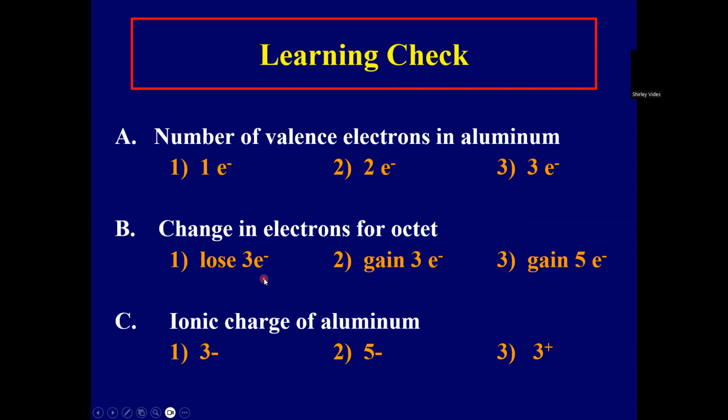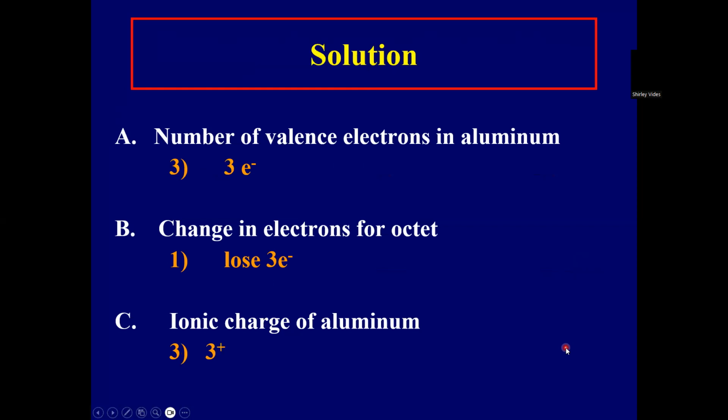And the last thing, what is the charge for that aluminum? Since it lost the electrons and it has more protons than electrons, and protons are positive, the answer is 3 plus. You see that? And there's your answer. So if you ever want to do this PowerPoint and ask your own questions as you are looking at it, and answer your own questions, you always have the answer at the end.